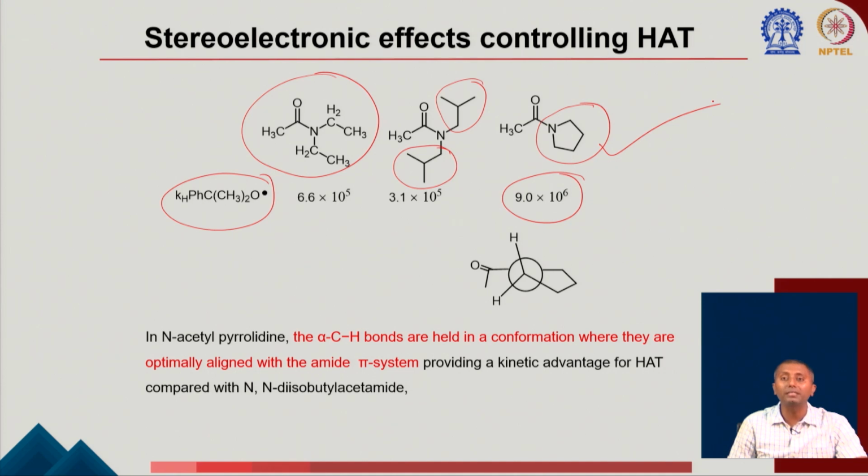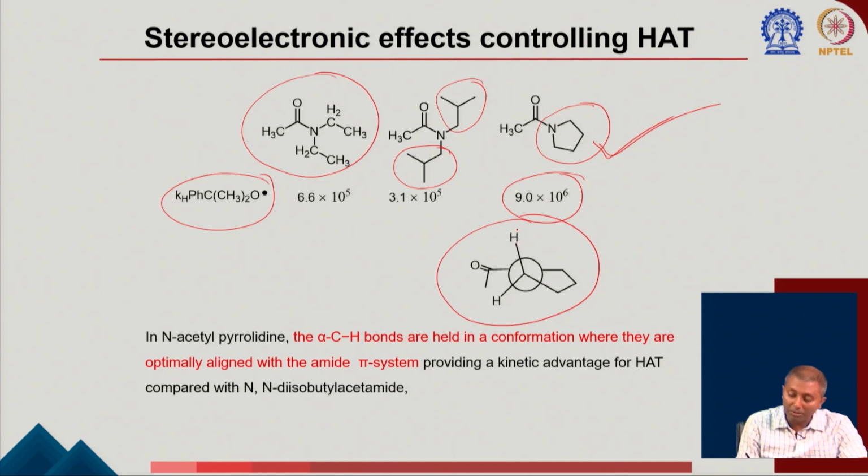What they are trying to explain with this result is that for the hydrogen atom abstraction, once you talk about this compound and try to draw the conformation, we are talking about abstraction of this corresponding hydrogen here. They say the alpha C-H bonds are held in a conformation where they are optimally aligned to the pi system.